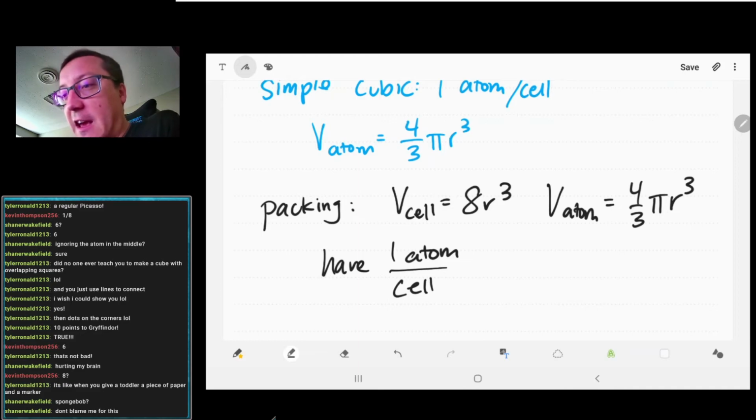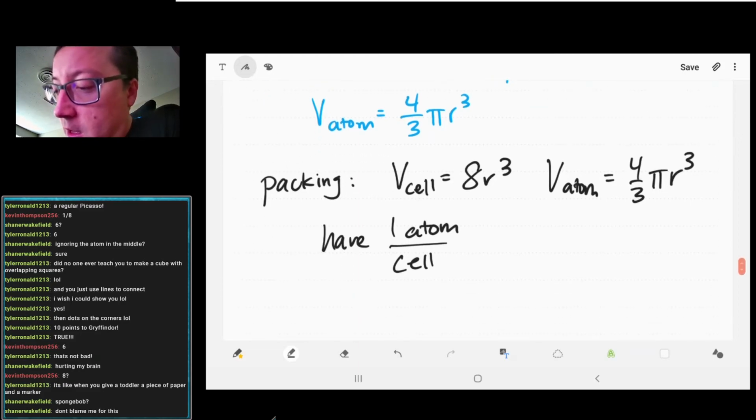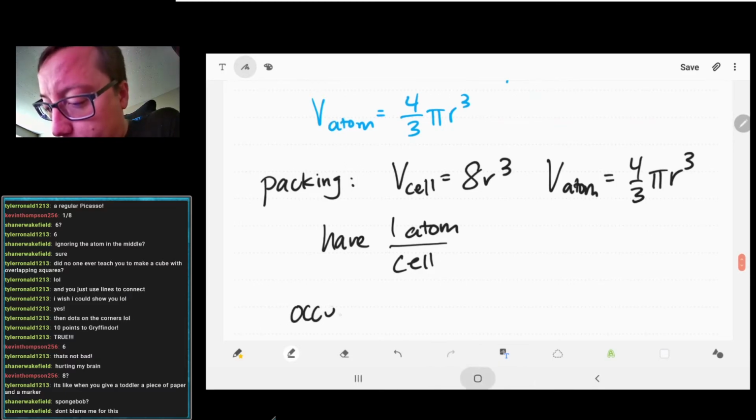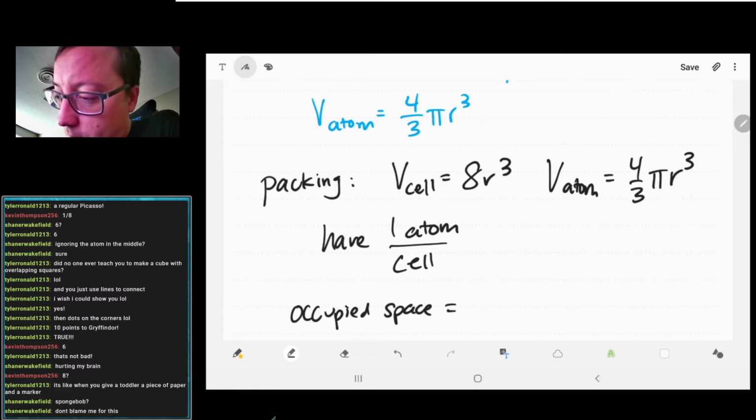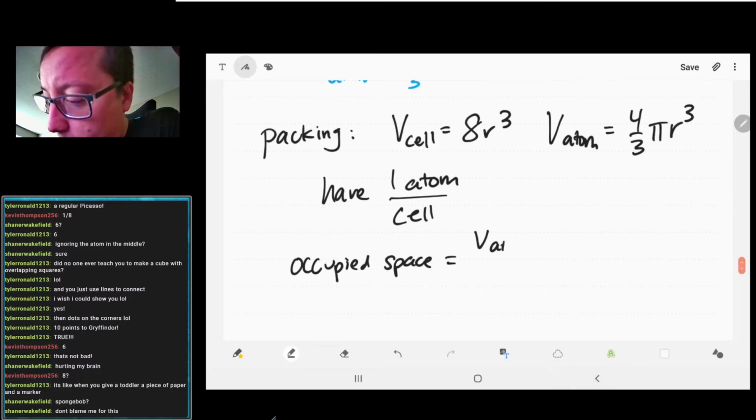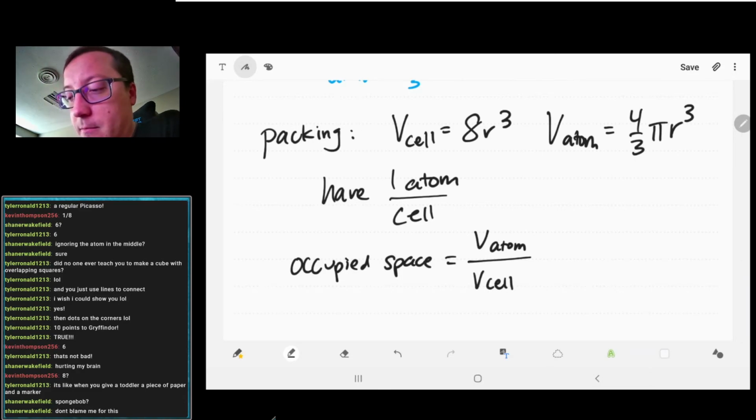So if we want to see the ratio of the atoms to the cell, the occupied space would be just these two times each other, right? So we already know we have one atom per cell.